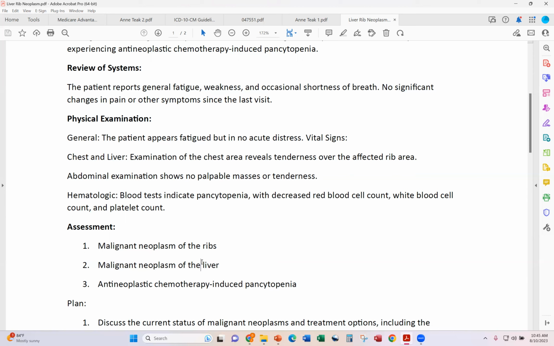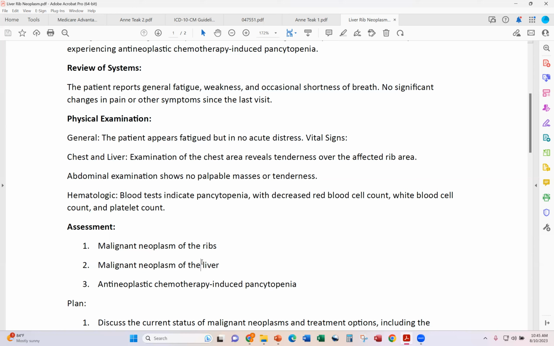Well, there was support for malignant neoplasm of the ribs, malignant neoplasm of the liver, neoplastic chemotherapy-induced pancytopenia. Okay, I think I didn't ask my question clearly, because we can all see what's there.